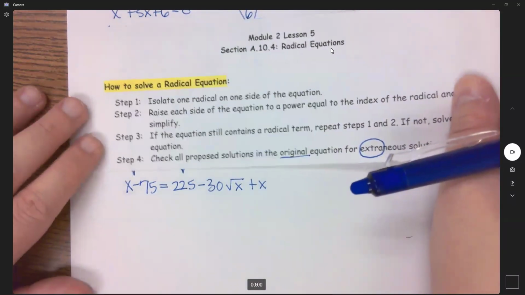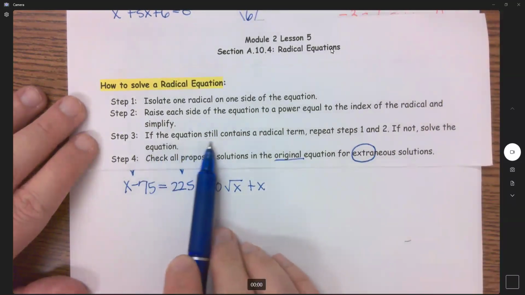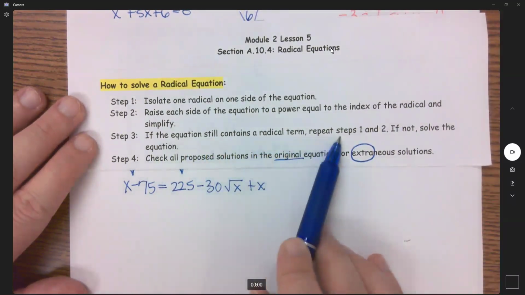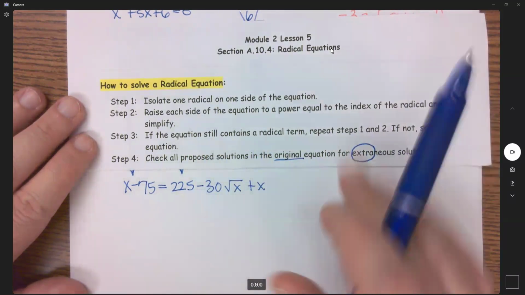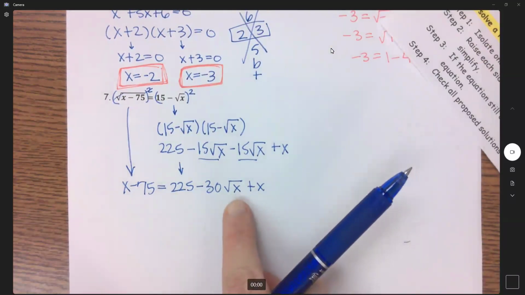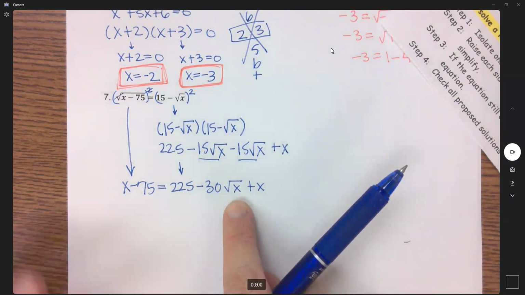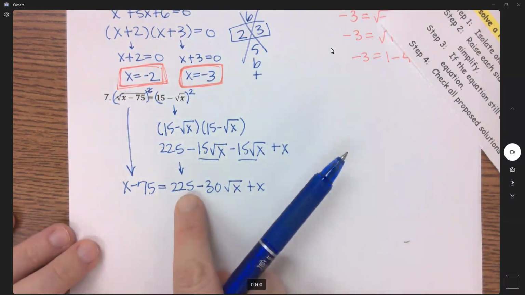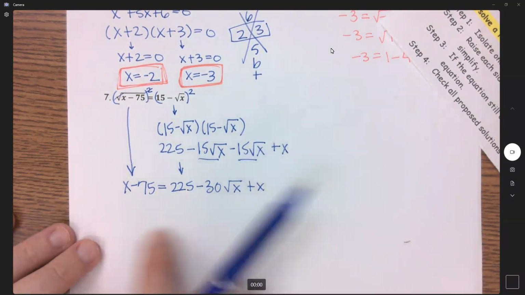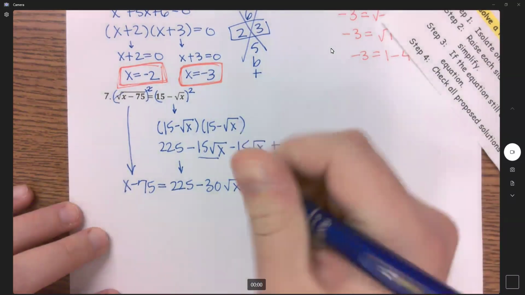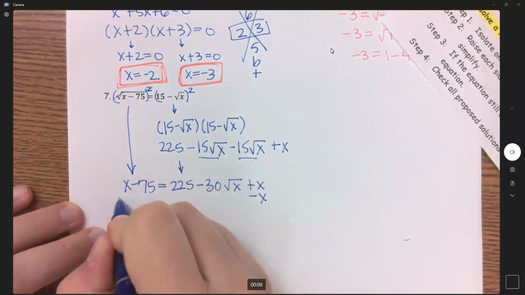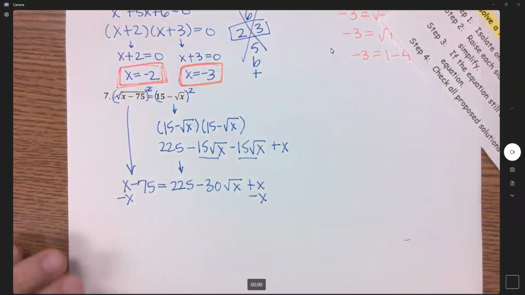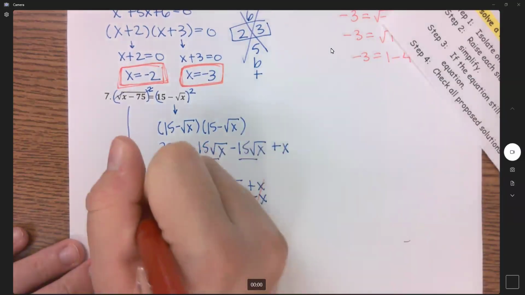Okay, now step 3 says if the equation still contains a radical term, we need to repeat steps 1 and 2. I have a radical term, so now I need to isolate this. So to isolate this, I need to move the 225 over and move the x over. When I move x over, both of these cancel each other out.